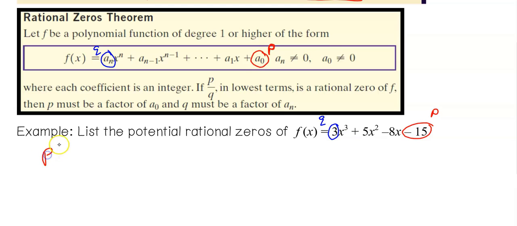So if you think of the factors of 15, I know plus or minus 1 is a factor, and the other end of that factor would be 15, because 1 times 15 equals 15. I also know that 3 is a factor, so it would be plus or minus 3, and 3 times 5, plus or minus 5. So our factors for 15 are plus or minus 1, plus or minus 3, plus or minus 5, and plus or minus 15.